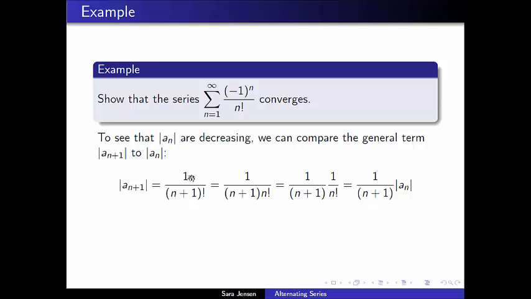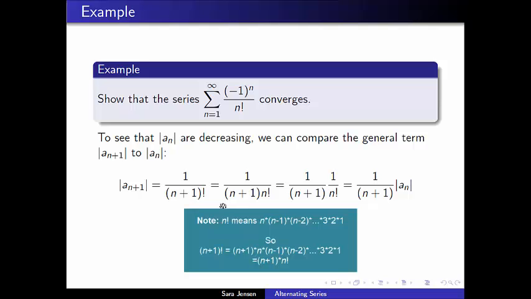So that would be 1 over the quantity n plus 1 factorial. Now something we've seen before, but we could review if necessary, is that with factorials, n plus 1 factorial means take n plus 1 and multiply it by n, and multiply it by n minus 1, and n minus 2, all the way on down to 1.